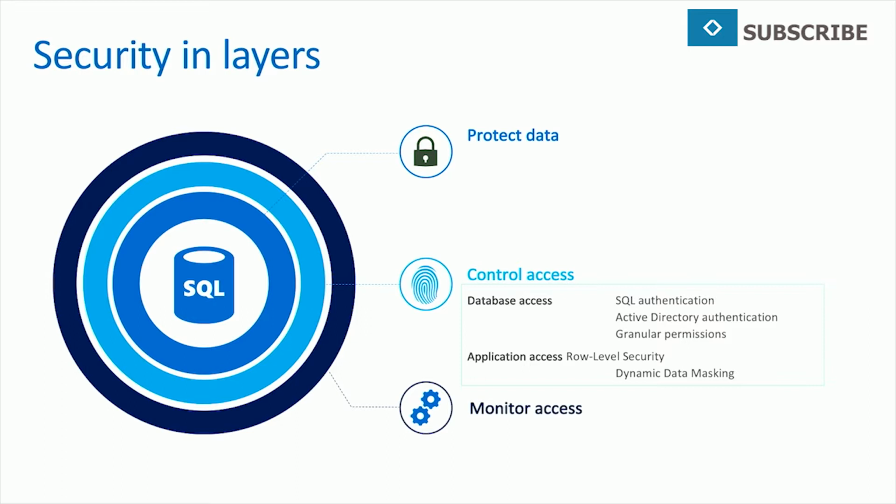On the database side, for example, SQL Server has a very granular permission system, allowing you to control access to specific tables or even individual columns of data. In particular, I want to highlight that, just like on Windows, SQL Server on Linux does support Active Directory authentication. We'll cover a little bit more of that later on.